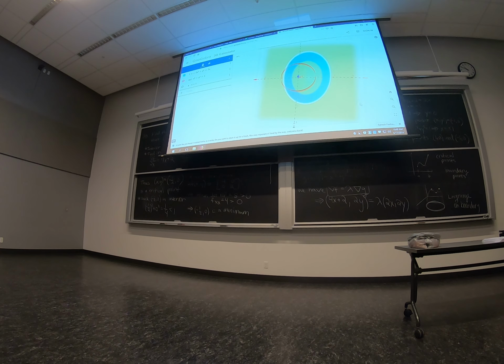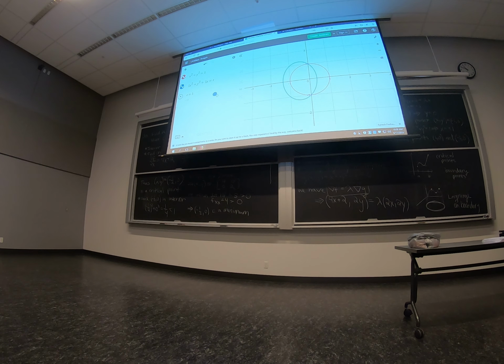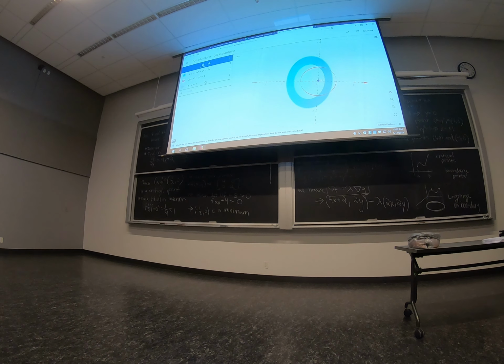Ellipse, or here, maybe I should. Right, there's the slice at t equals 1. If we go to t equals 2, we get a slightly different picture. Right, and if we raise that cross section a little bit more, we'll get slightly different pictures as we raise and lower that cross section.